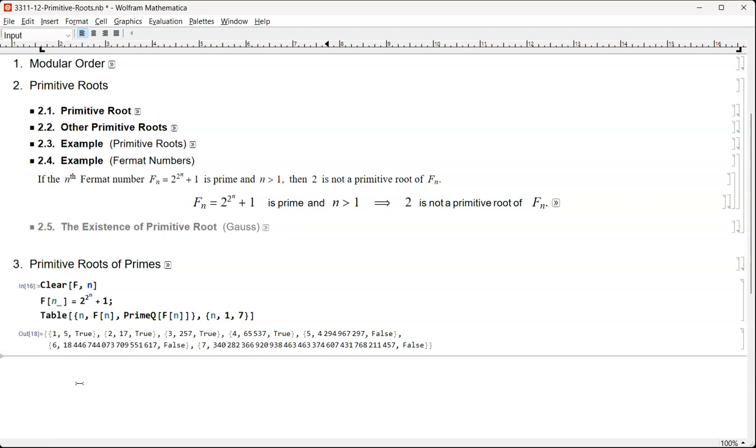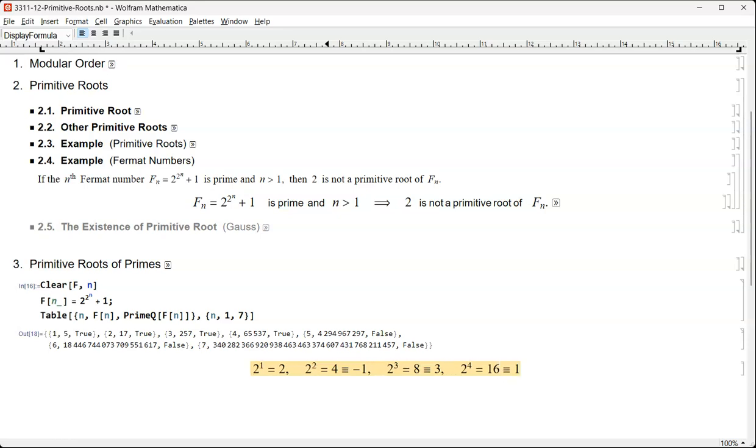Let's see. 2 to the first power is 2. 2 to the second power is 4, that's congruent to negative 1 mod 5. 2 to the third power is 8, so that's congruent to 3 mod 5. 2 to the fourth power is 16, that's congruent to 1 mod 5, right?